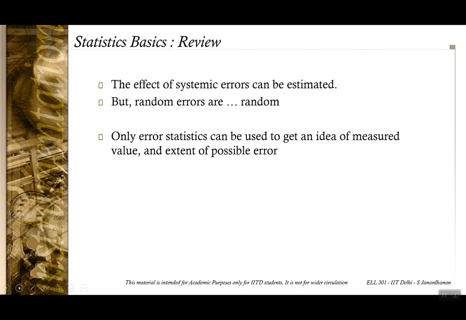So we have seen that the effect of systematic errors can be estimated and corrected. The bias that is introduced by systematic errors can be corrected. However, random errors are random, as the name implies, and therefore for any single measurement we can't find any correction factors, but we will be able to find an estimate of the extent of error.